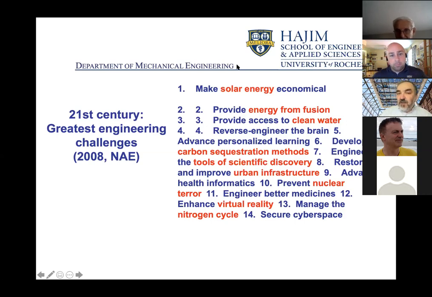For example, problem number one, how to make solar energy economical. To make solar energy economical, I need to collect solar energy. This involves optics. I need to concentrate solar energy into materials. This is material science. I need to convert solar energy into electricity. This is mechanical engineering. I need to distribute electricity through a network.